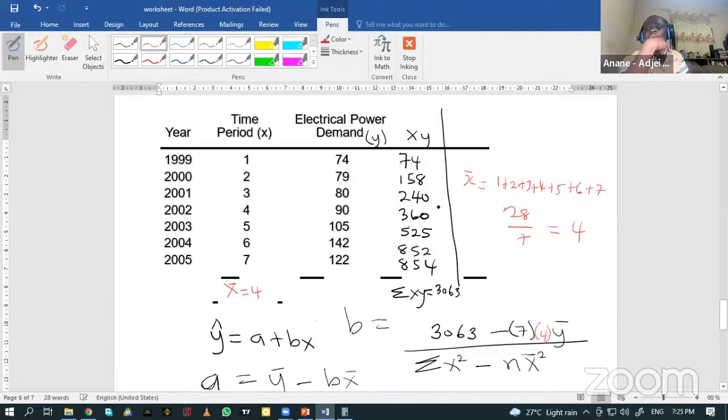And to find Y bar too, we will add all the Y figures together, and when we are done, we divide it by 7, the number of items. It's supposed to be 74 plus 79 plus 80 plus 90 plus 105 plus 142 plus 142.